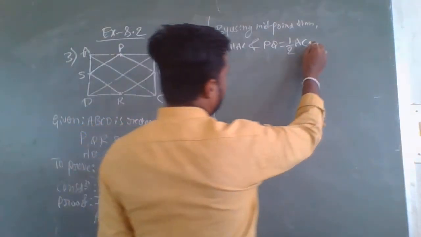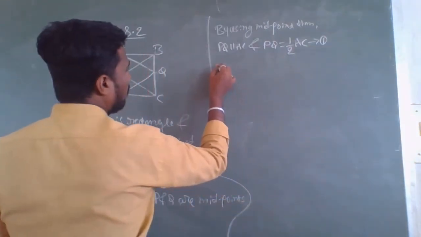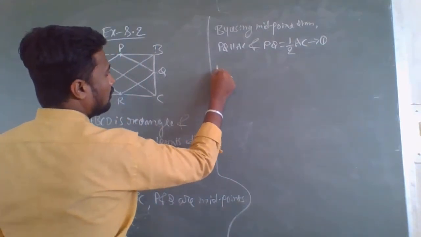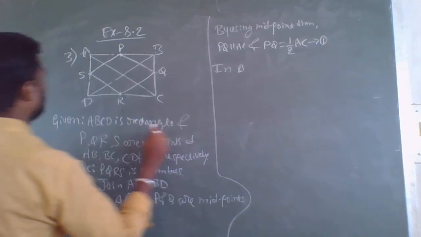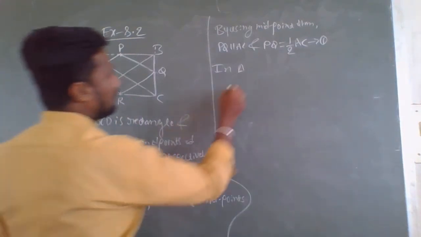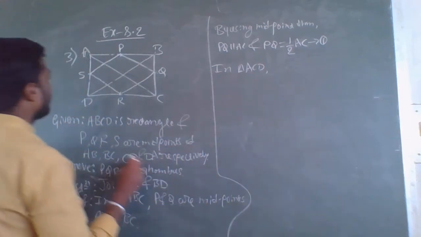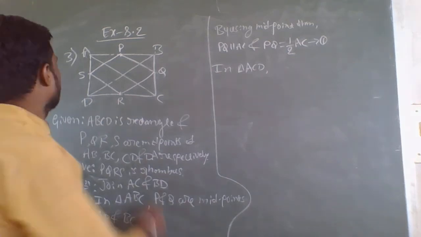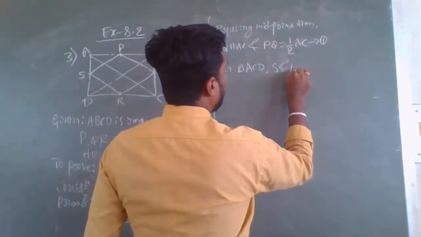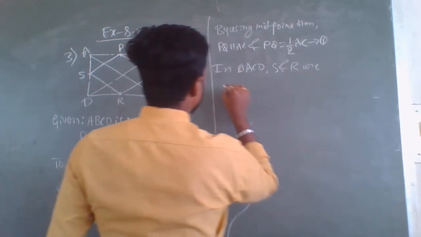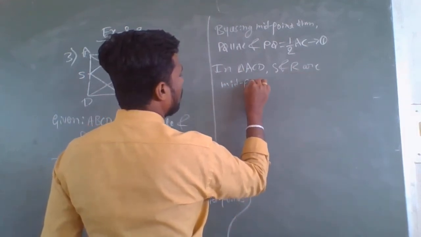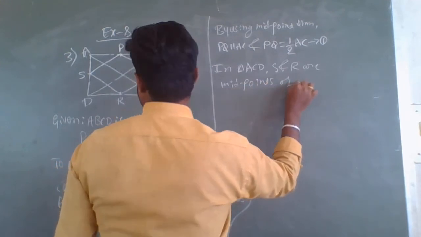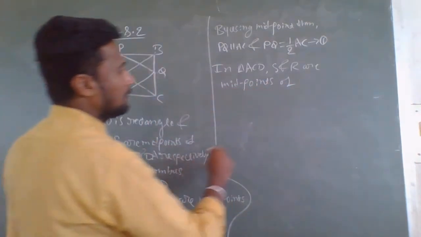I will consider this as 1. Now again I will consider the two points S and R in triangle ACD. You know that S and R are midpoints of AD and CD. Similarly in triangle ADC, S and R are midpoints of the two sides AD and CD.